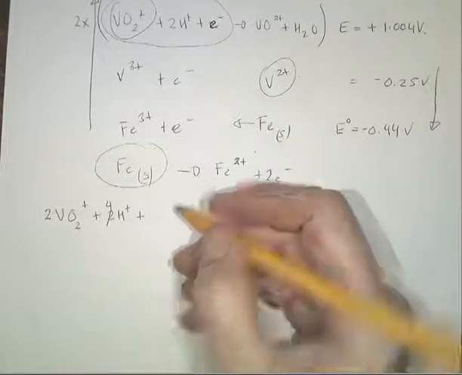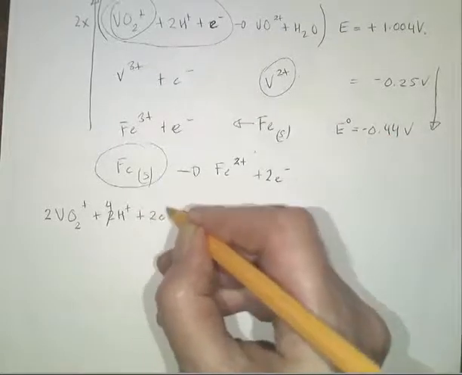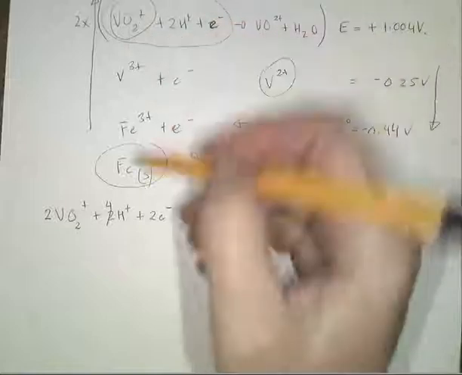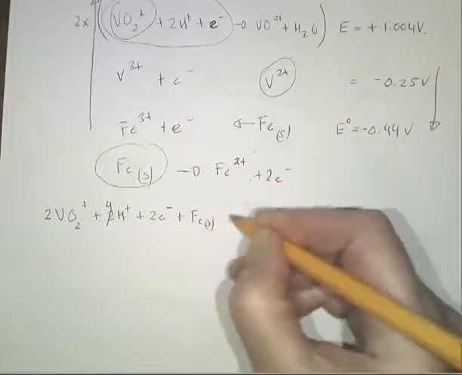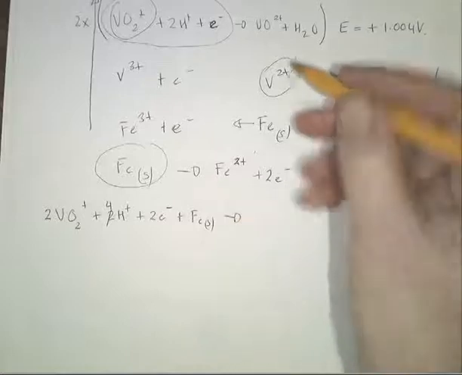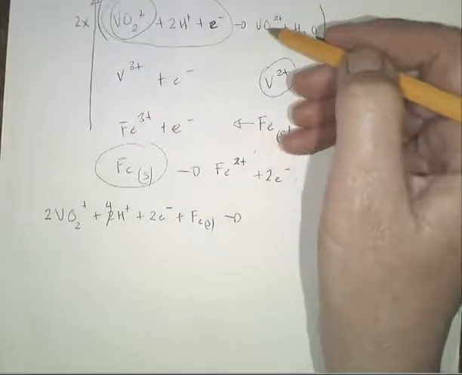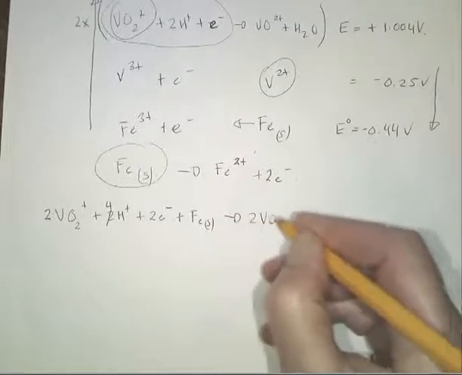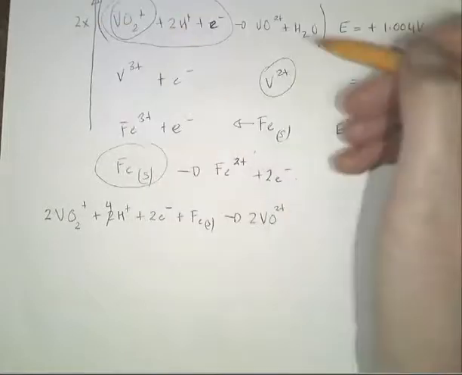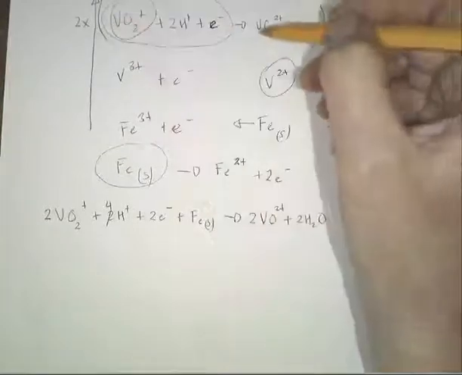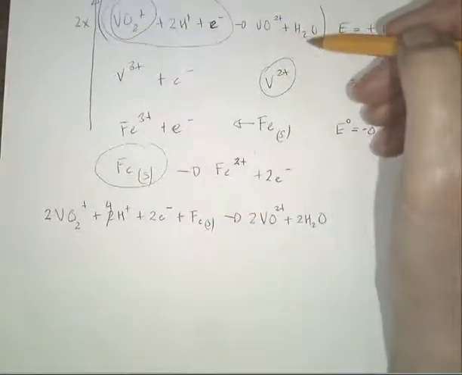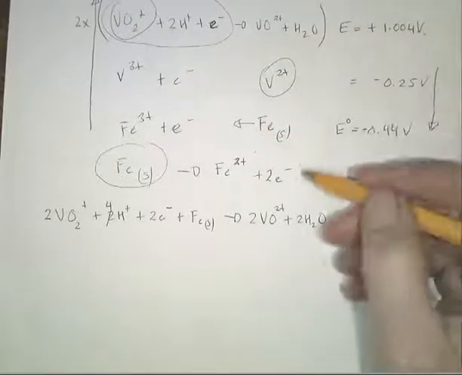Let's have 2 electrons. Okay, so everything on the left plus iron solid, making 2 of those, 2 VO2 plus, 2 of those. This 2 here, these are the ones that people forget, apart from me forgetting it to start with.